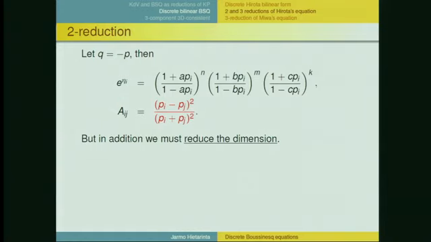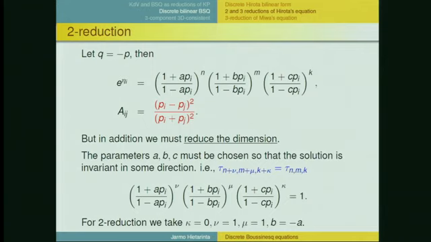But now there's a problem that we also must reduce the dimension, because the equation was 3-dimensional and KdV is 2-dimensional. So I have to somehow reduce the dimension. So the dimension reduction means that I must be able to choose some shifts mu and kappa, so that this term is 1. It means that if I make this shift, nothing happens.